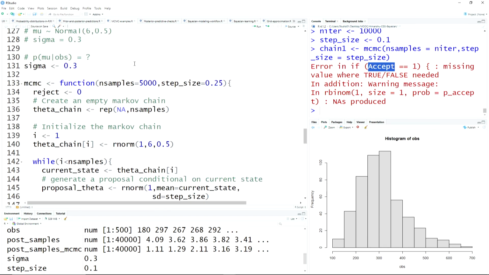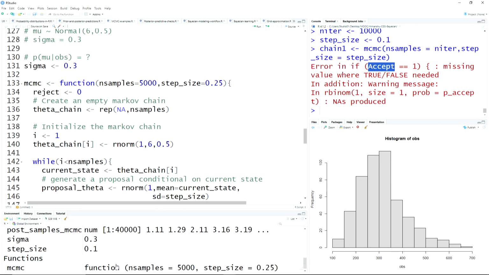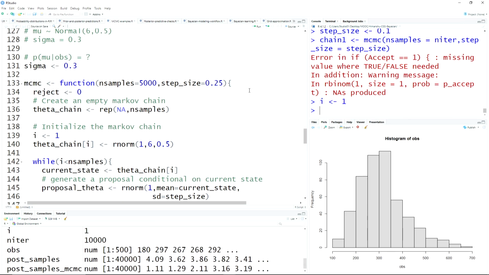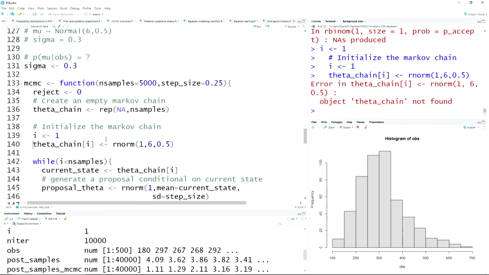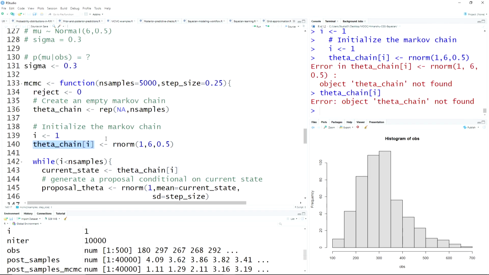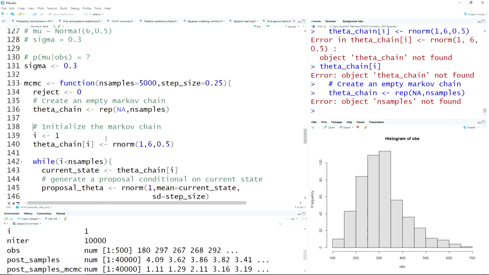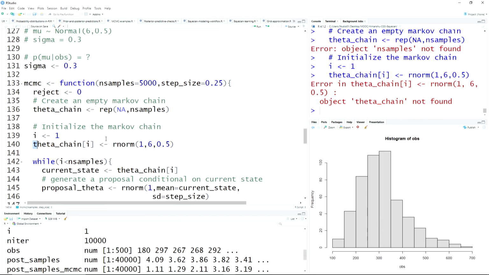Okay. So let us begin step by step. So where this problem is occurring. Okay. So what I will do, I will start with i equals to 1. Let us sample the current state of the chain. Sorry, let me create an empty theta chain. i equals to 1.